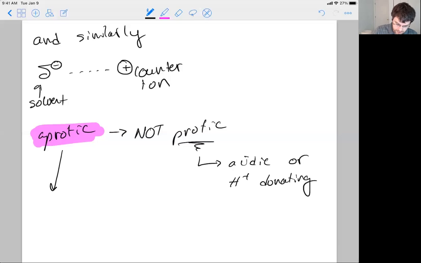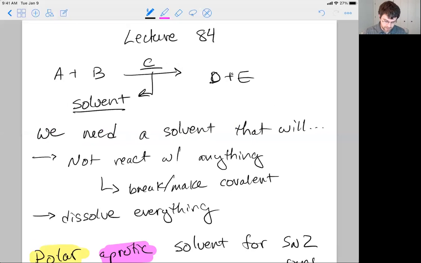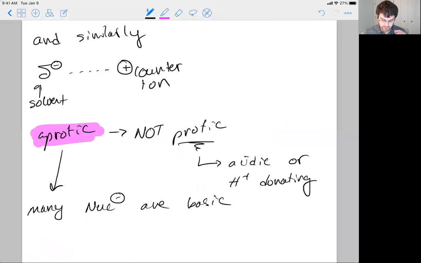Now the aprotic is important because many nucleophiles are basic. And one of the first rules that we had for the solvents at the first page of notes for this lecture was it needs to be unreactive with all of the reactants. That is, it cannot contribute to covalent bond breaking or formation with any of the reactants.